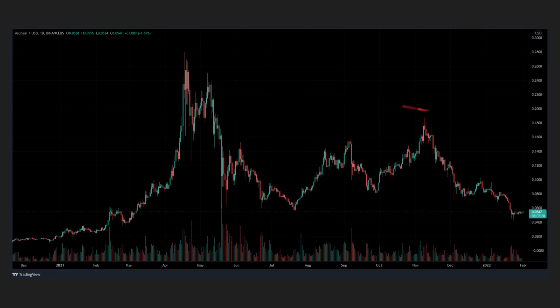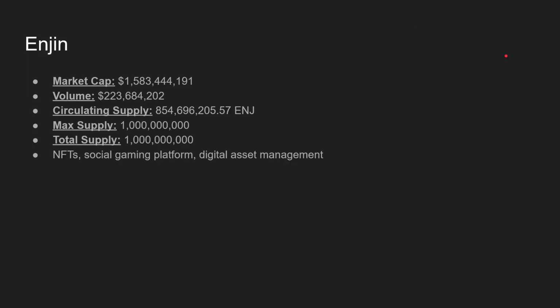So there isn't really a fundamental reasoning behind why VeChain did not reach these all-time highs. So whether or not this will reverse and reclaim that 28 cents per VeChain token, we'll have to see.